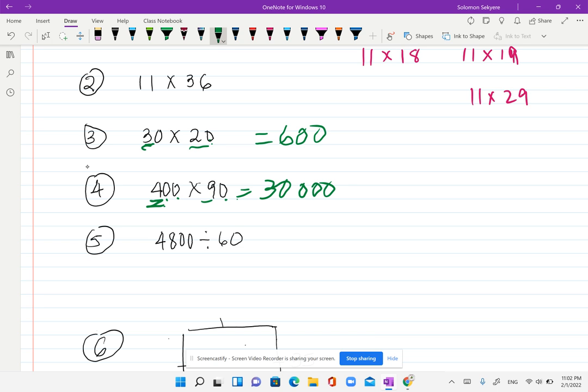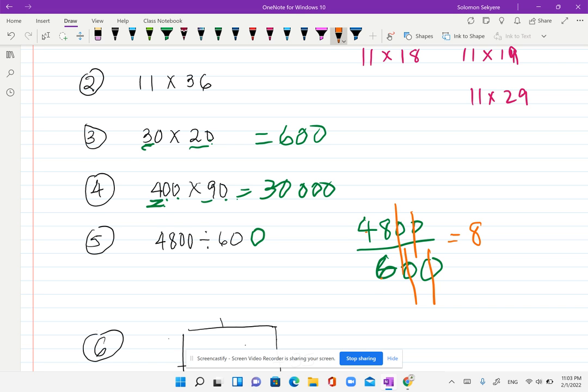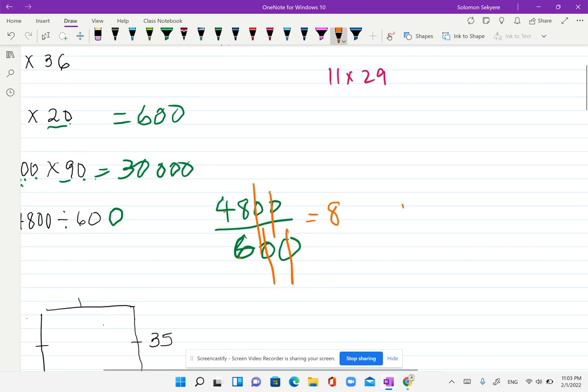What if I want to divide 4,800 by 600? I'm going to write it like a division. I'm going to take my zeros out, one zero out, one zero out. I'm left with 48 divided by 6. What is that? 8. So how would you do 4,800 divided by 60?